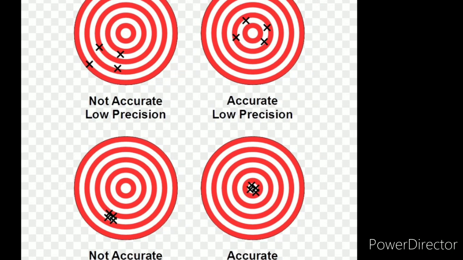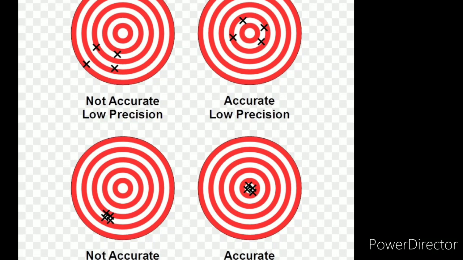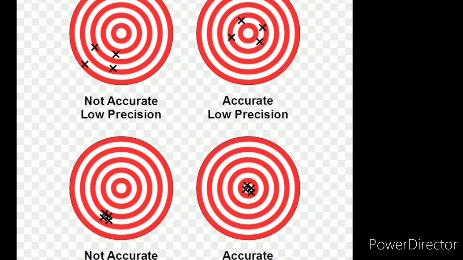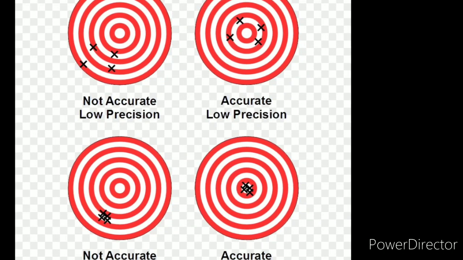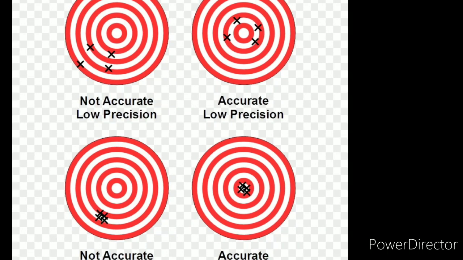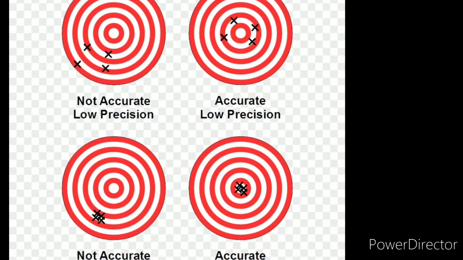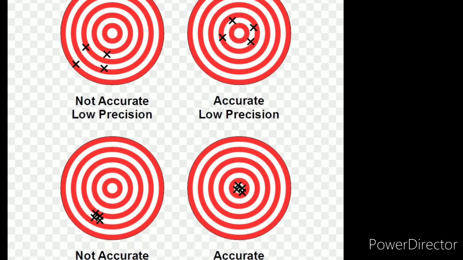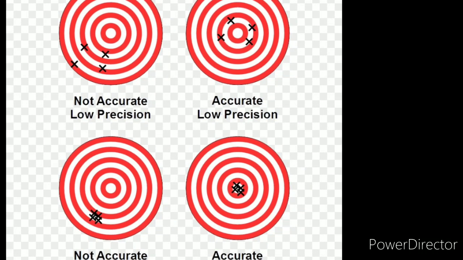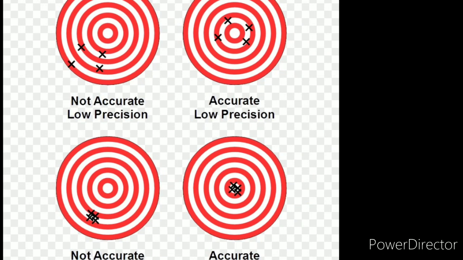In another case, the readings are very precise but away from the center, therefore they don't have accuracy. In the last case, you can see all the readings are very close to each other and very near to the true reading, therefore such a reading will be called precise as well as having accuracy.